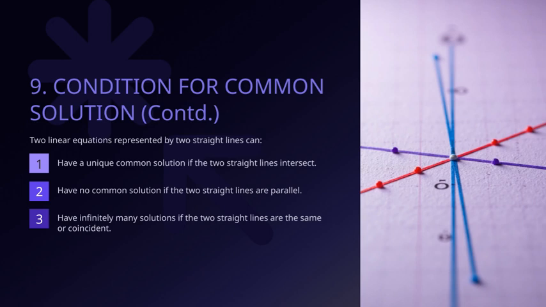Finally, when the lines intersect at a single point, that point is the unique solution to both equations. These conditions help us understand the nature of solutions based on the position of the lines, which ties back to the overall theme of analyzing solutions of linear equations visually through their graphical representation.